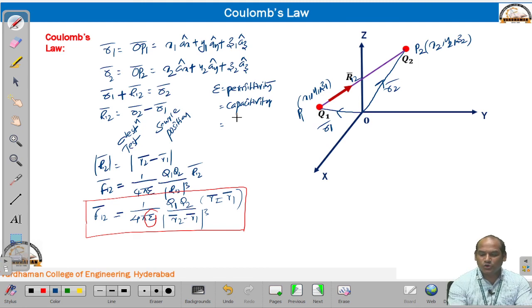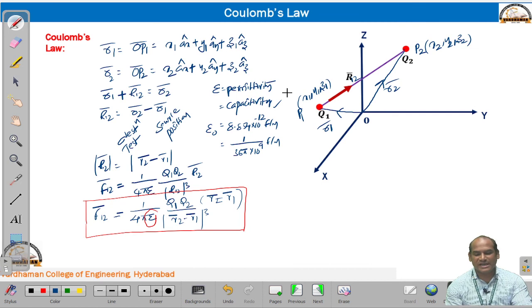Okay. So, the permittivity of free space is given by epsilon naught, and the value of that is 8.854 into 10 power minus 12 farads per meter, or that can also be given by 1 by 36 pi into 10 power 9 farads per meter. Farads are the units for capacitance, that is why it is related to capacitivity also.